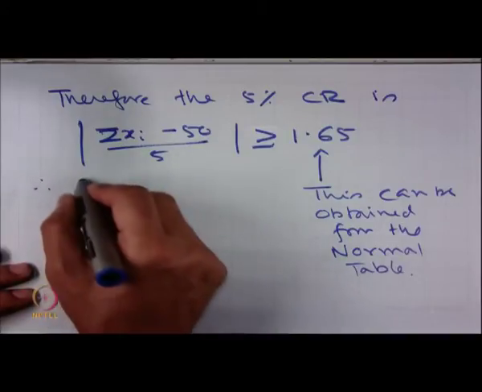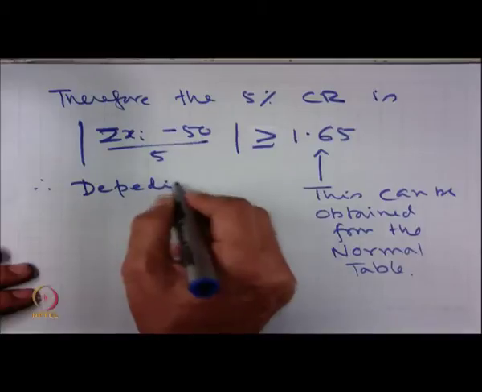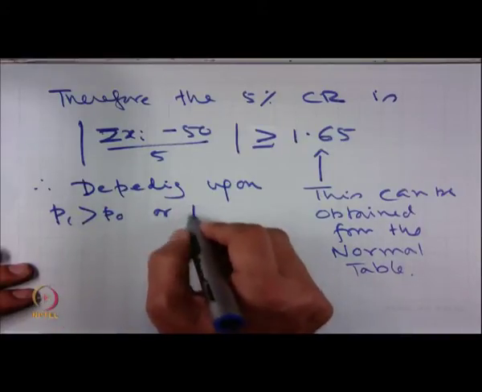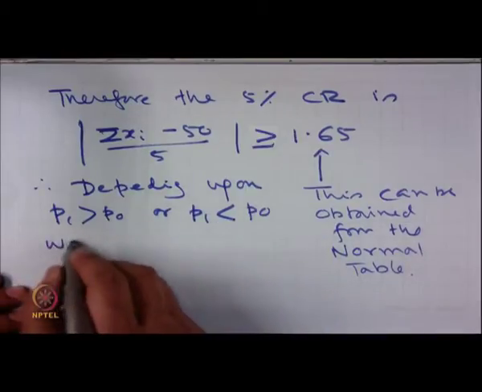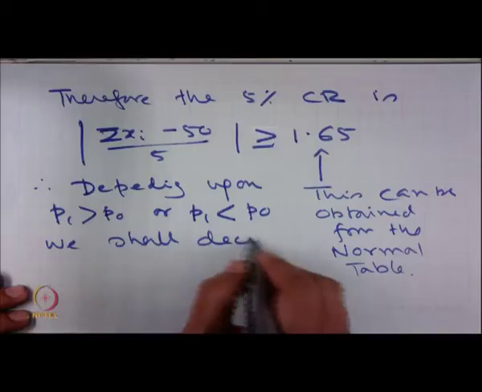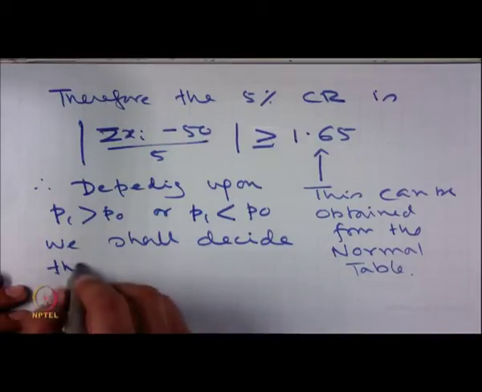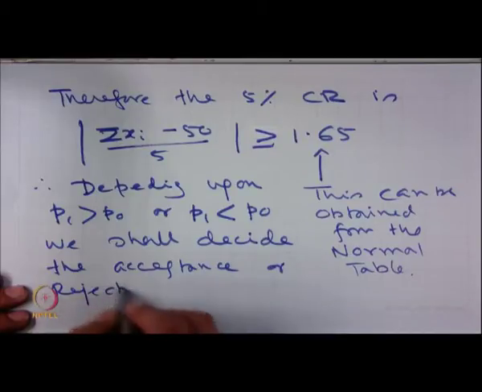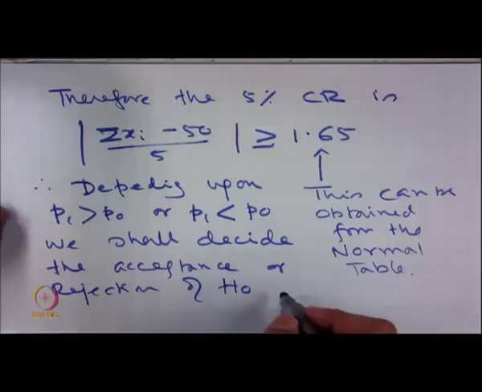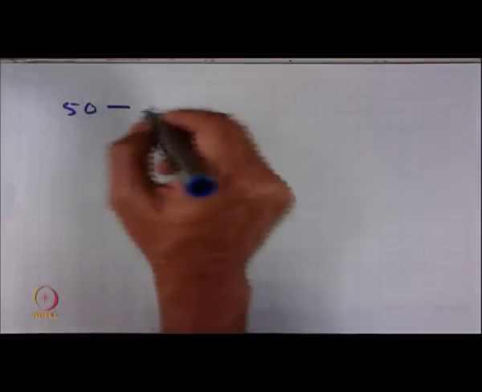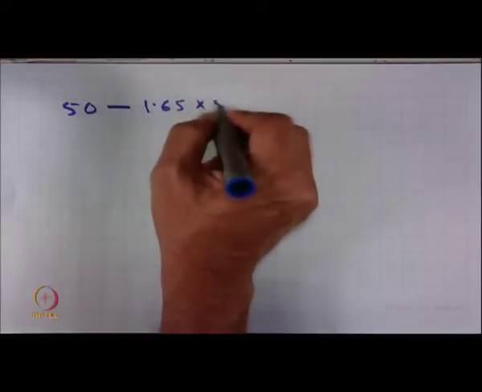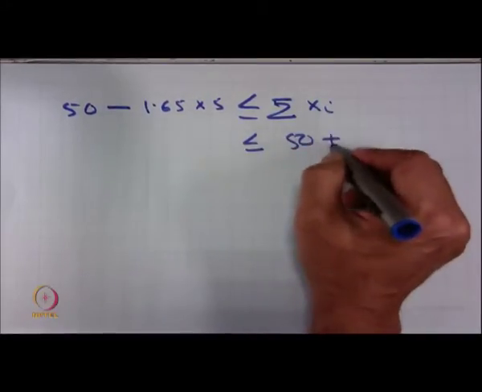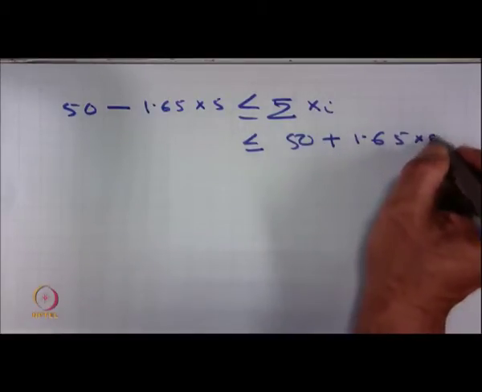Therefore, depending upon whether P1 is greater than P0 or P1 is less than P0, we shall decide the acceptance or rejection of H naught if 50 minus 1.65 into 5 is less than or equal to sigma xi is less than or equal to 50 plus 1.65 into 5.